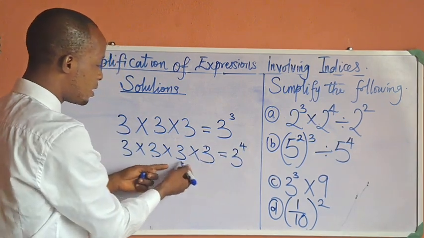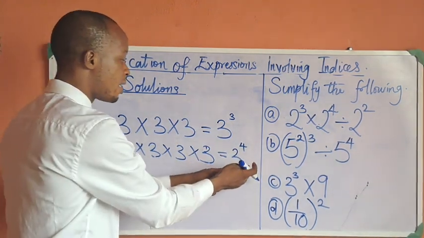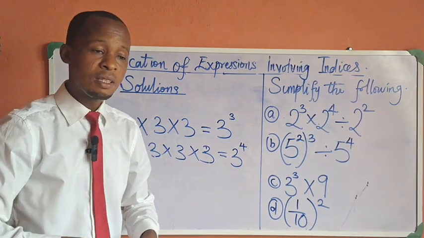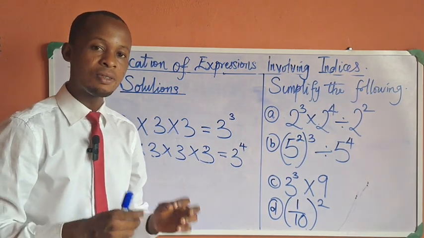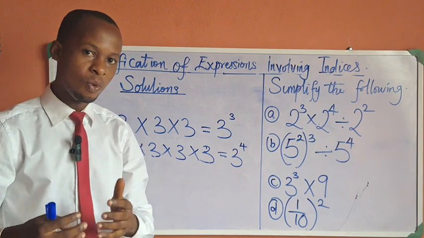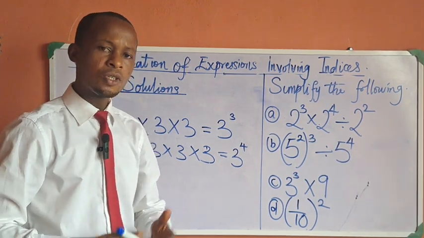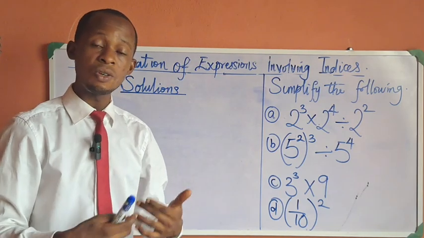So this is an expanded multiplication form, while this is an index form. And please don't be confused. Index is the singular of indices, while indices is the plural of index. So that is what indices is all about.